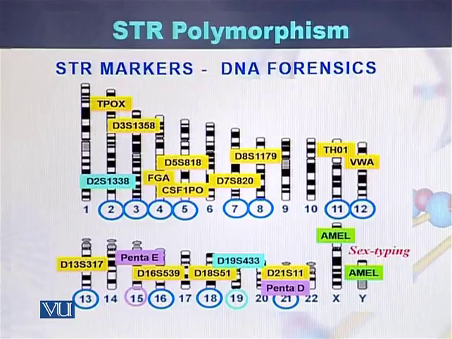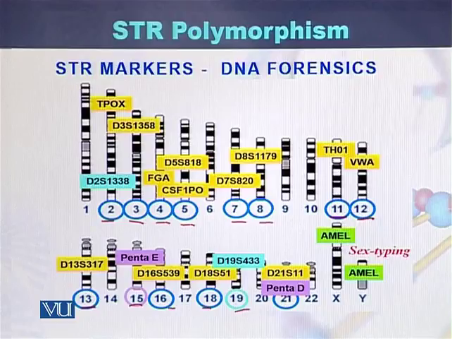STR markers are used in DNA forensics, particularly for criminal justice, civil justice, as well as paternity analysis. These are some of the common STR markers used in DNA forensics, and we can see that they are present on almost all of the chromosomes: chromosome 2, 3, 4, 5, then 7, 8, 11, 12, 13, 15, 16, 18, 19, 21.